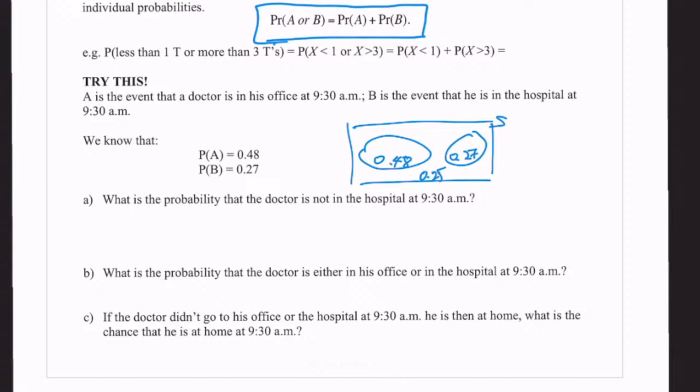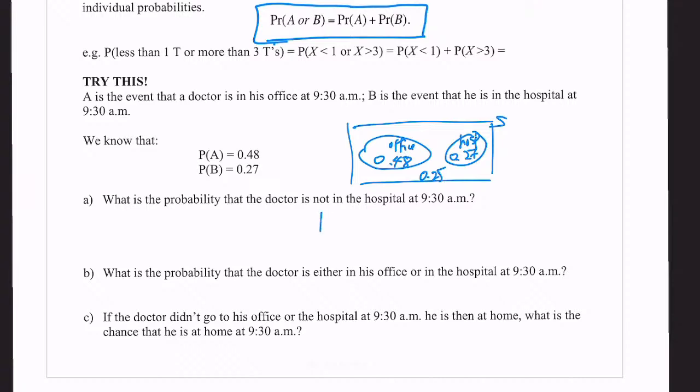What is the probability that the doctor is not in the hospital? So A was doctor office. Okay, so this is office, and this is hospital. So the doctor is not in the hospital.